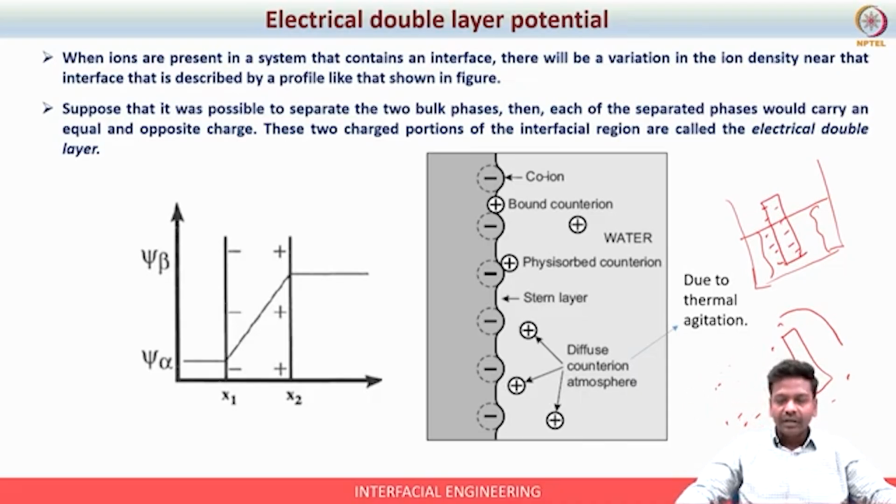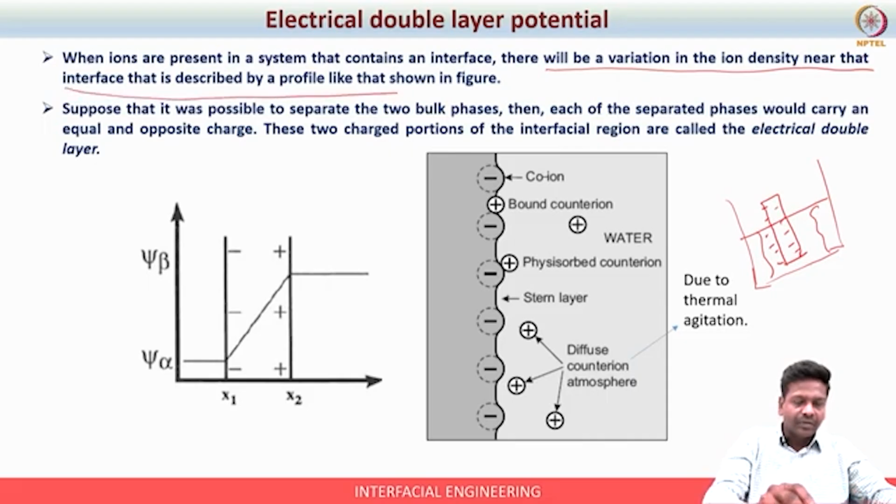So in a nutshell, electrical double layer means that when ions are present in the medium and a charged interface is suddenly introduced, there will be variation in the ion density near the interface, right. The profile of that will be something like this. That is exactly what we call an electrical double layer.